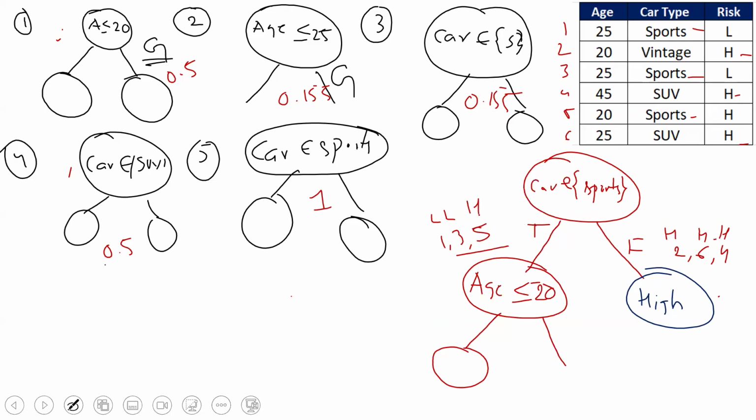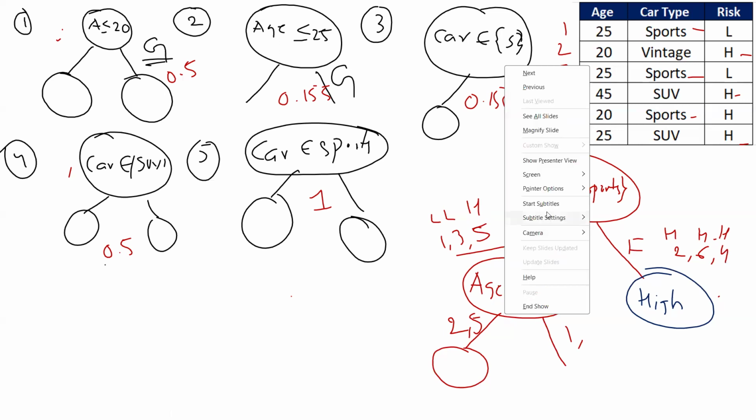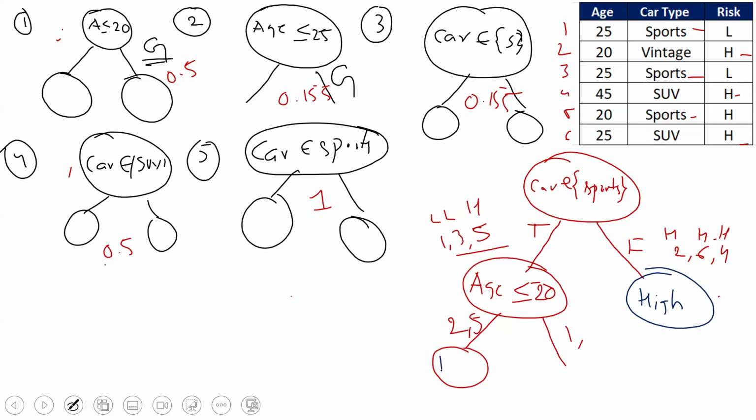Now if A is less than or equal to 20, what points stay this side? Out of 1, 3, 5, 1 goes this side, 2 comes this side, and 5 comes this side only, right? Now 2 and 5 are high, so this will become high. And 1 is low. Okay.